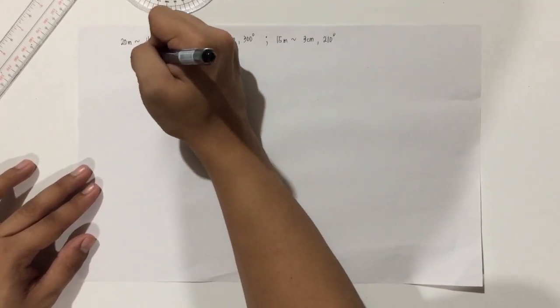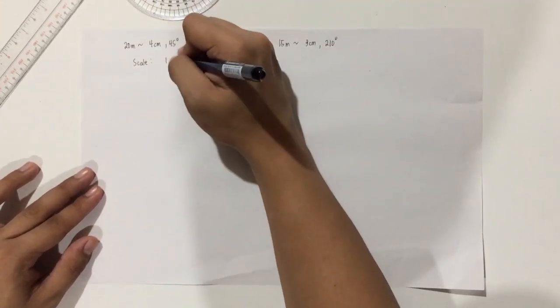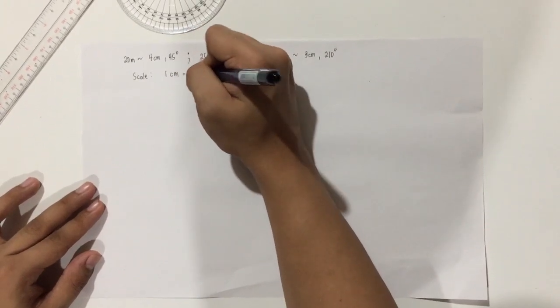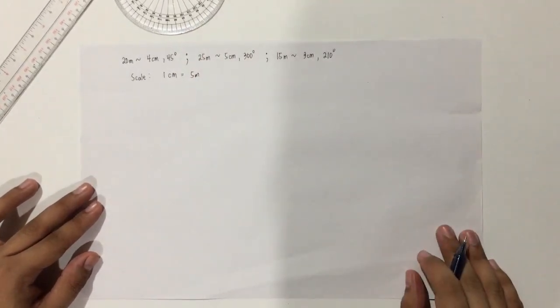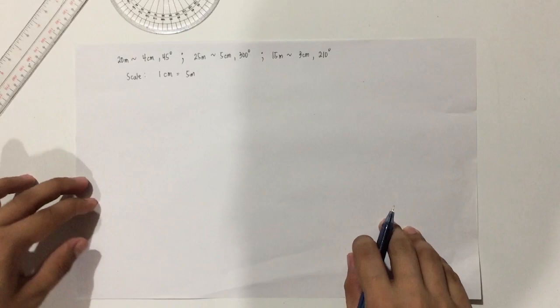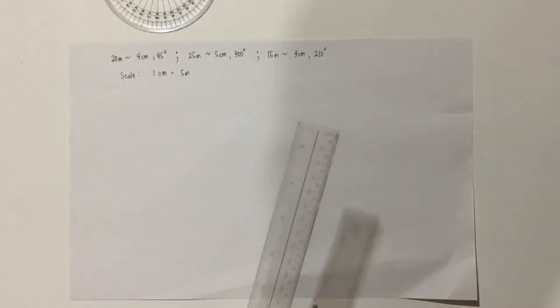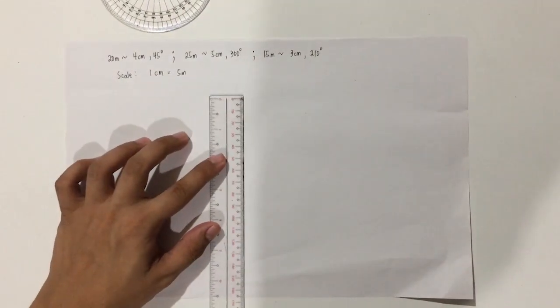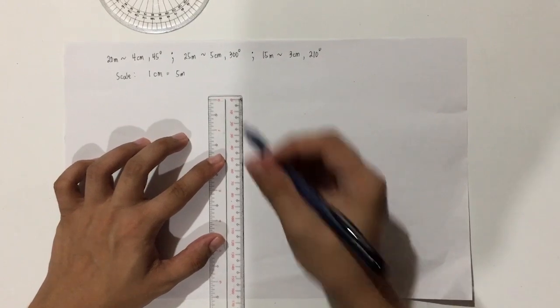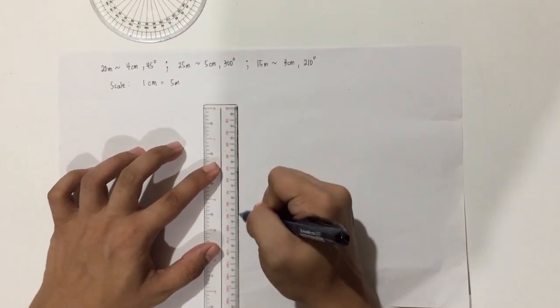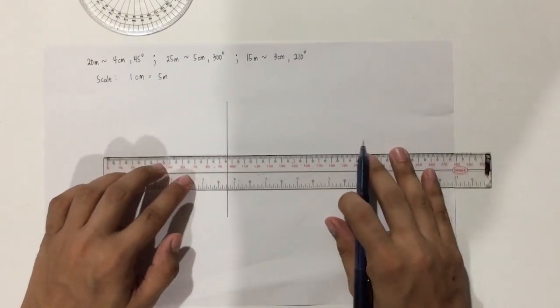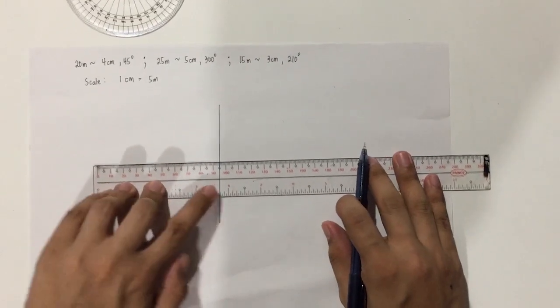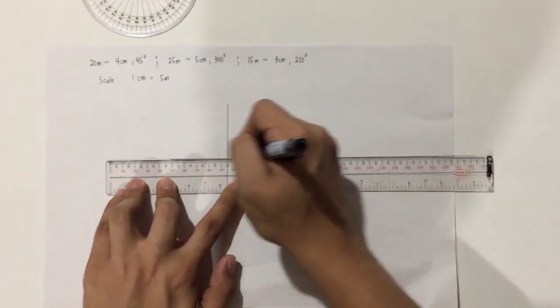So write again the scale, in order for us to properly visualize everything we have in terms of the values for the given. So 1 centimeter is equal to 5 meters. Using the ruler, we have to draw a Cartesian plane in order for us to properly locate and orient our vector diagram.